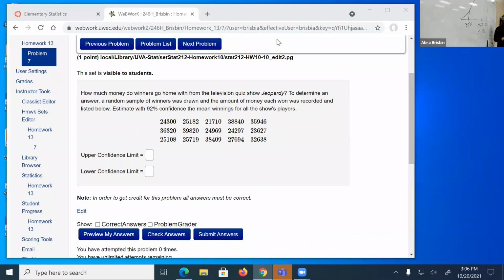All right, so in problem 7, we're being given a bunch of data and asked to find a confidence interval for the mean winnings of all the players on Jeopardy.